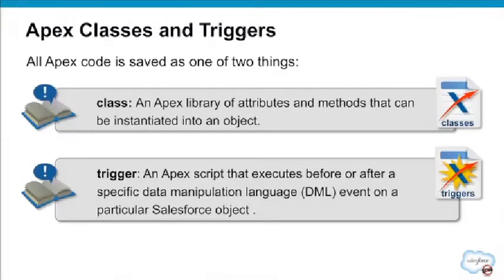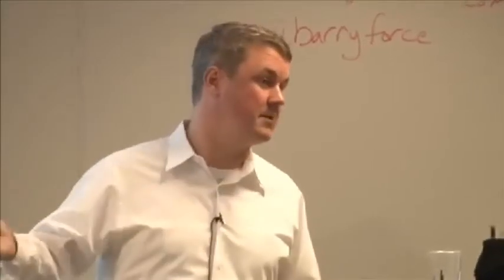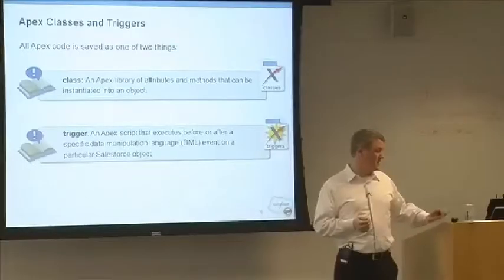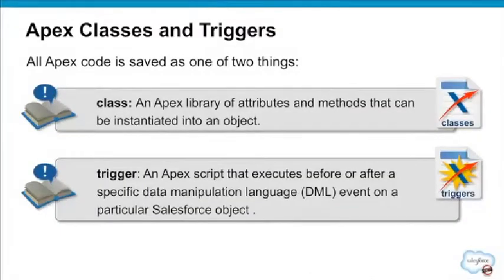In other words, a trigger is: when this event happens, execute this procedure. One of the things you could do is call a method in a class. So maybe in your trigger you would instantiate an object if that's what you wanted to do, or if you just have a utility method, you could define a static method within a class and then call that method from your trigger. Okay? These are the two main structures that you'll see. There's also a third one, which is interfaces. You can create a top-level interface and then in your classes go about implementing that interface. Okay?